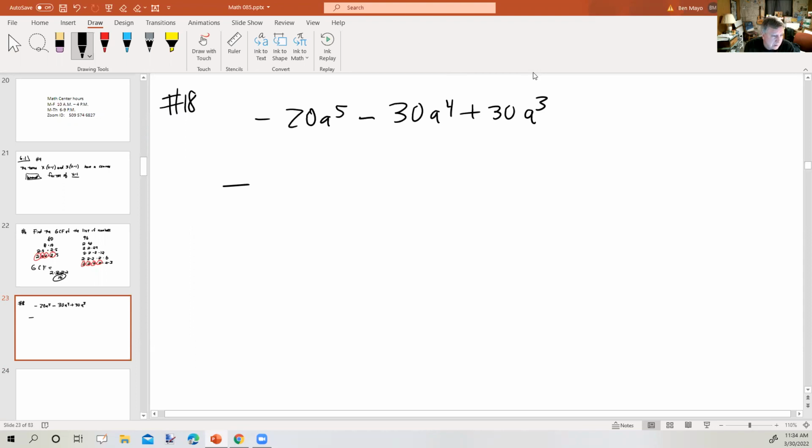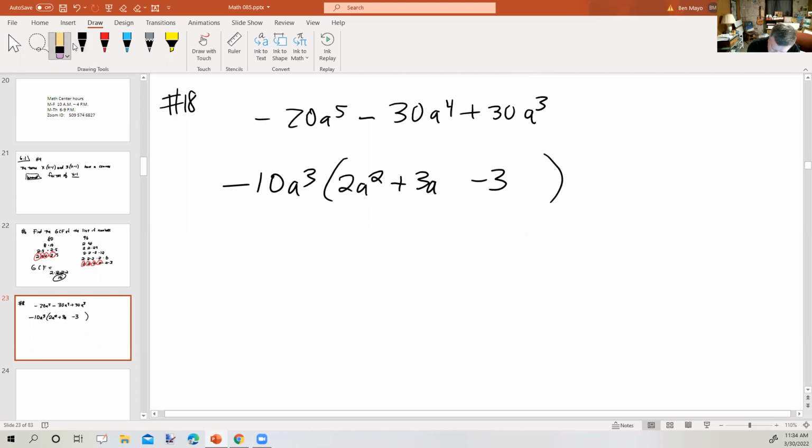For 20, 30, and 30, the greatest common factor would be 10. So we're going to factor out a negative 10 and then a cubed. So what would be left behind would be 2a squared plus 3a minus 3.